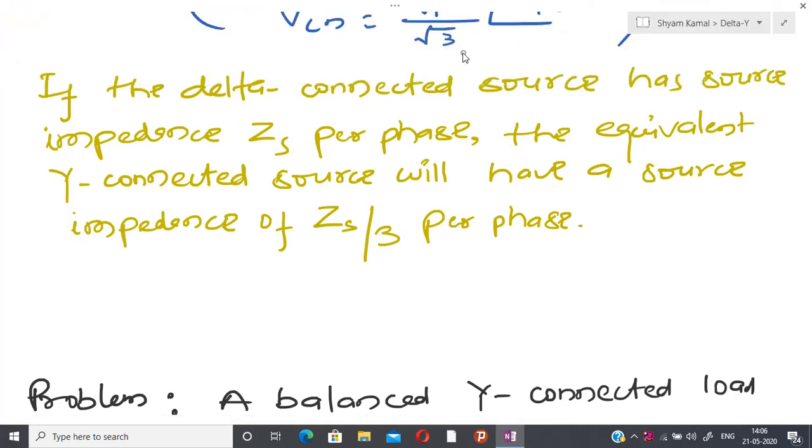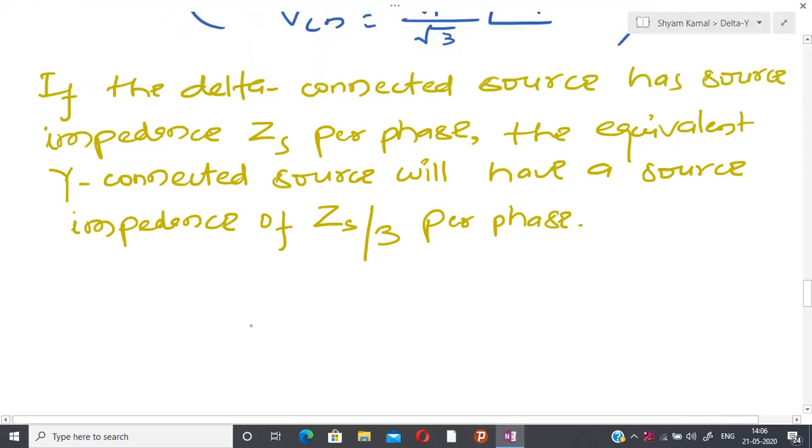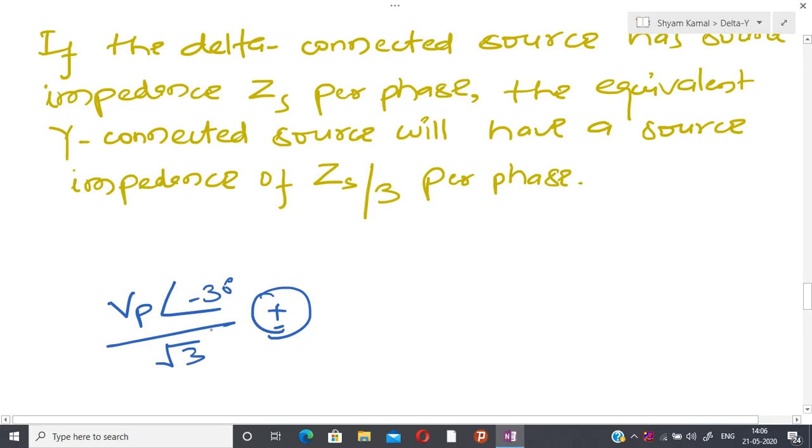For that I just have to consider one equivalent circuit, and here in the YY configuration it is possible to write this voltage, because after conversion we are getting this kind of voltage, and basically this equivalent circuit I have taken from the Y to Y balanced connected system.